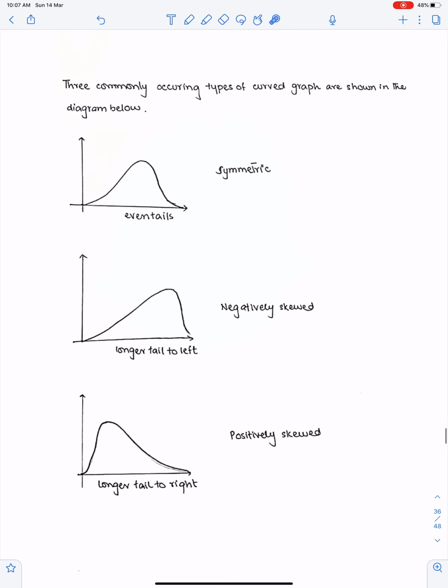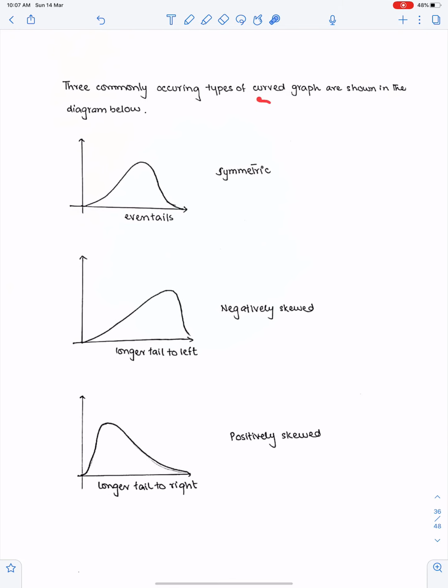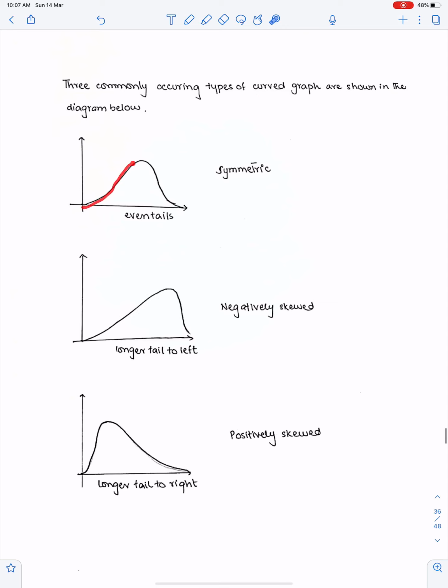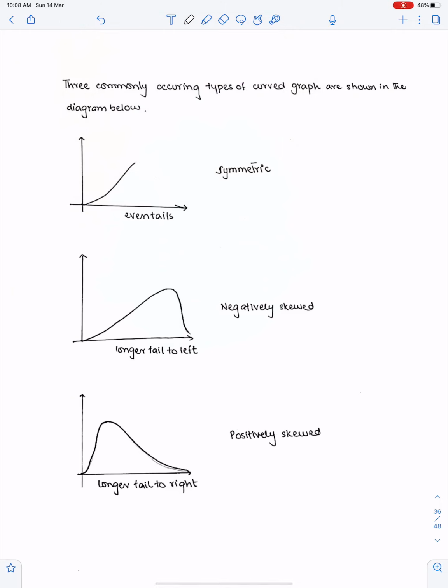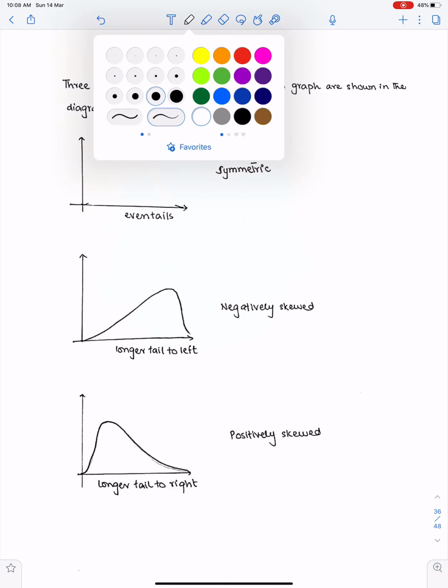Well, 3 commonly occurring types of curved graphs are shown in the diagram. This one is symmetric. Symmetric about central line. Even tails. Let me sketch this correctly. Let me try.